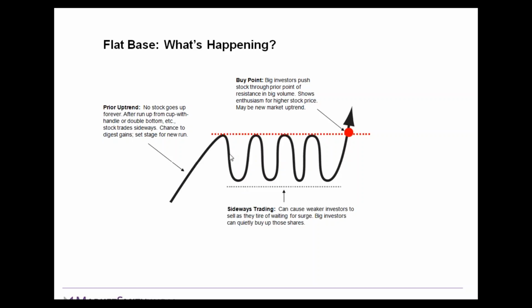There will be investors who will see that it's been trading sideways for a few weeks, 2 weeks, 3 weeks. They will lose their patience and get out of the stock thinking that the rally is over. But this is when institutions will be slowly building up their positions through this flat base pattern. And finally, when it breaks out is when institutions are really starting to build up their positions, high volume up moves are happening, and that's when we finally enter the stock.